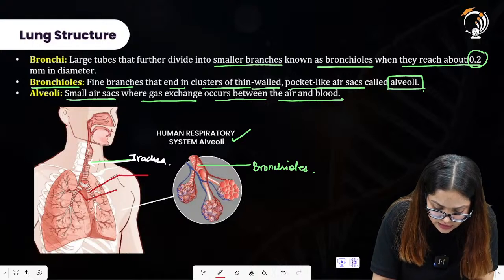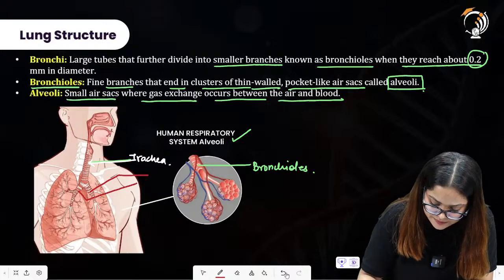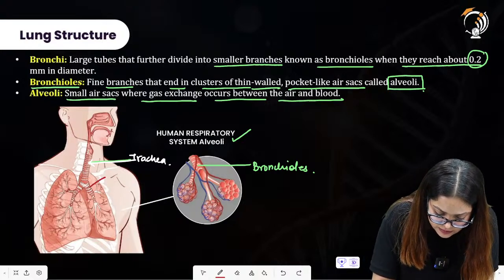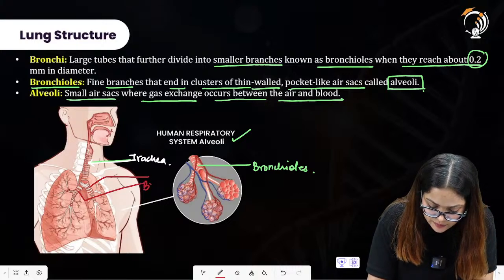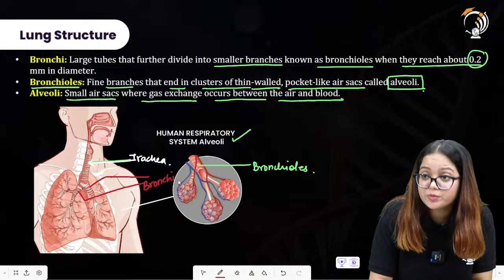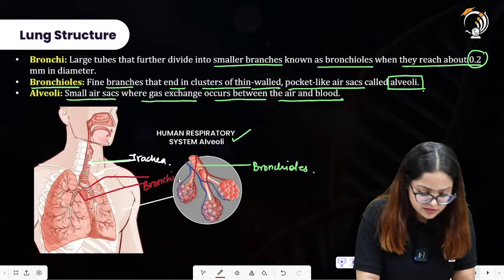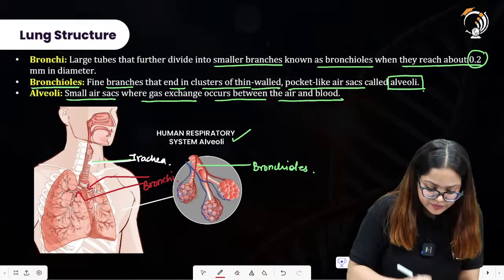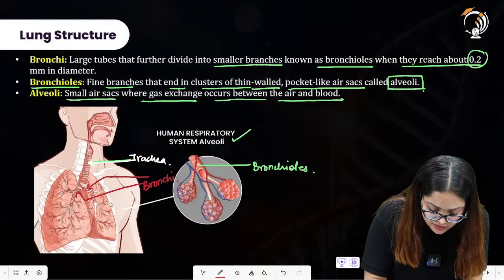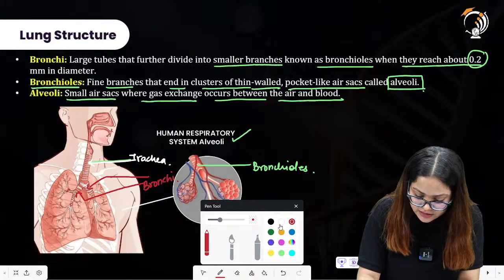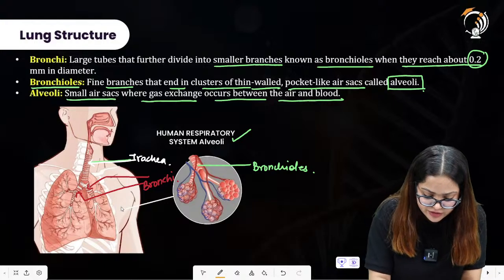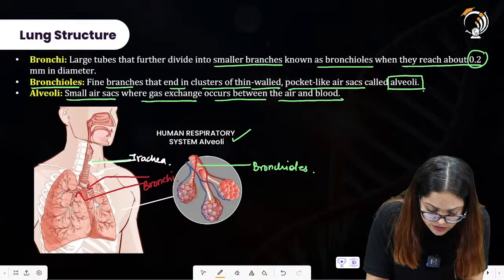These structures here are representing bronchi. I hope it is visible. What are these? These are fine branches that terminate into alveolar sacs. And what are we referring to? We are referring to the bronchioles here.